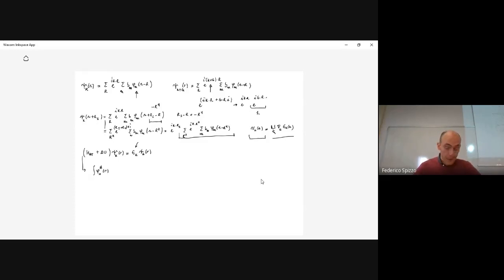So make the scalar product, so we multiply both sides of the equation by just one of the atomic wave functions.